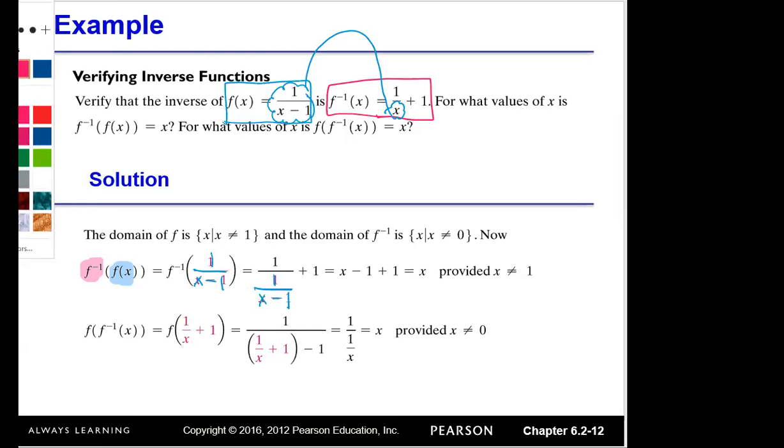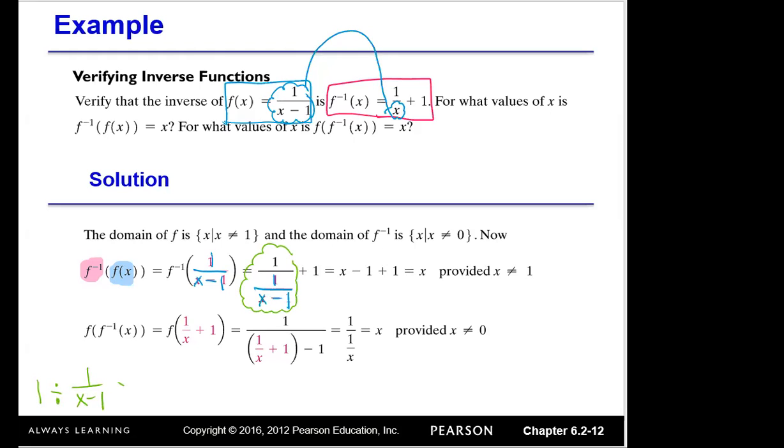This part right here, if you have 1 divided by 1 over x minus 1, you can write it like this: 1 divided by 1 over x minus 1.